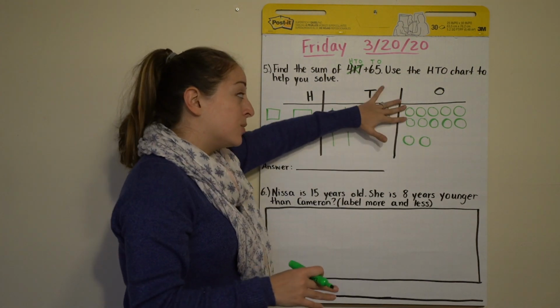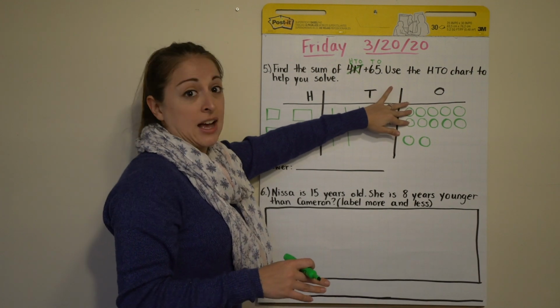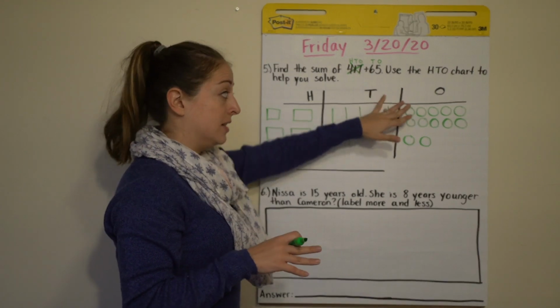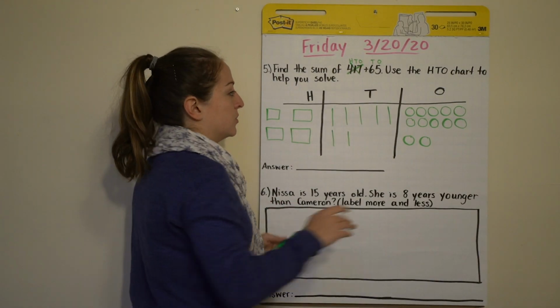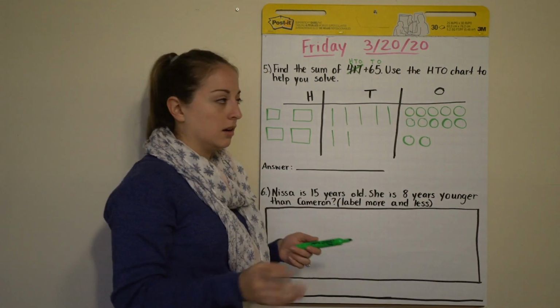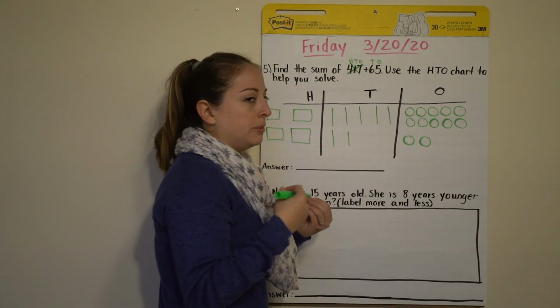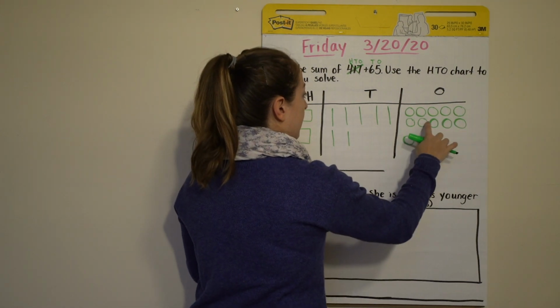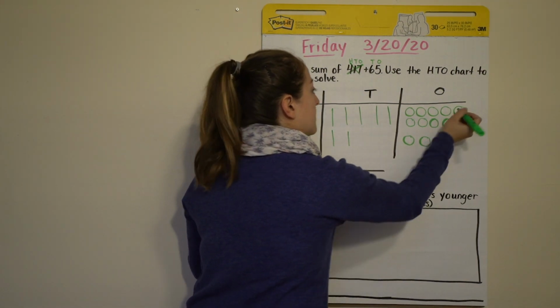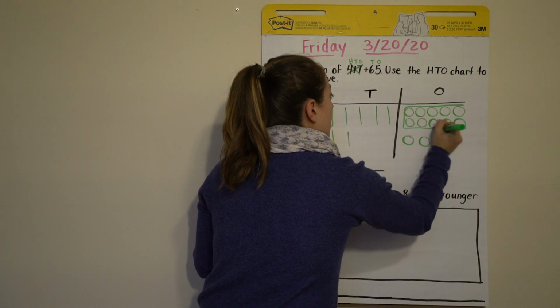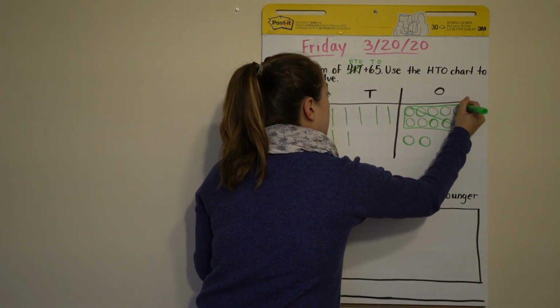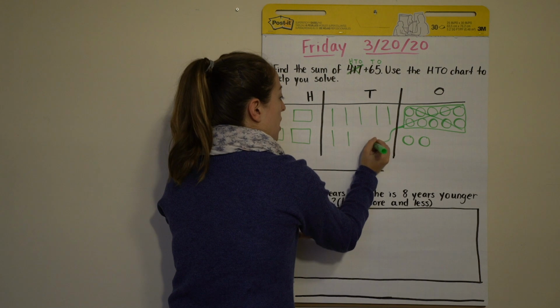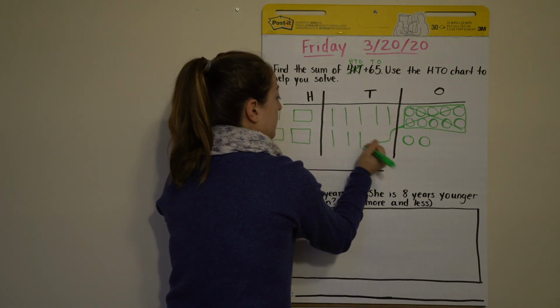So because we set it up like this, you can already tell that we can regroup our ones and make it into a 10 stick because we have 10 ones here. Okay, I'm just going to make sure and double check that I have 10 ones. 1, 2, 3, 4, 5, 6, 7, 8, 9, 10. Okay. I'm going to circle this, cross it out, and I'm going to draw an arrow and draw a 10 stick here.